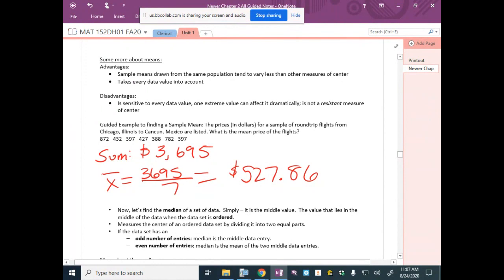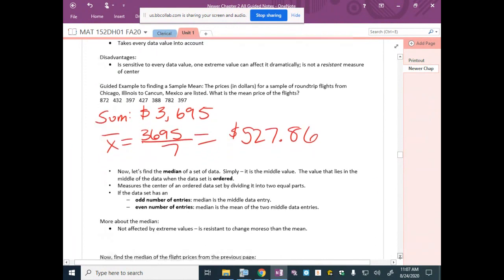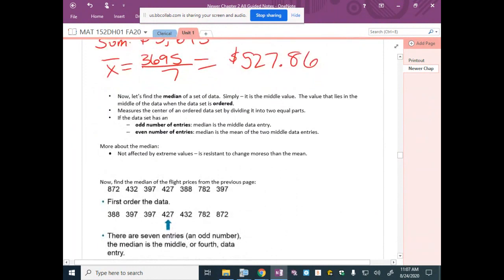Median is the middle value. So if we wanted to find the median of those flight prices, we would order that, and basically, I always like to cross them out until we reach the middle.